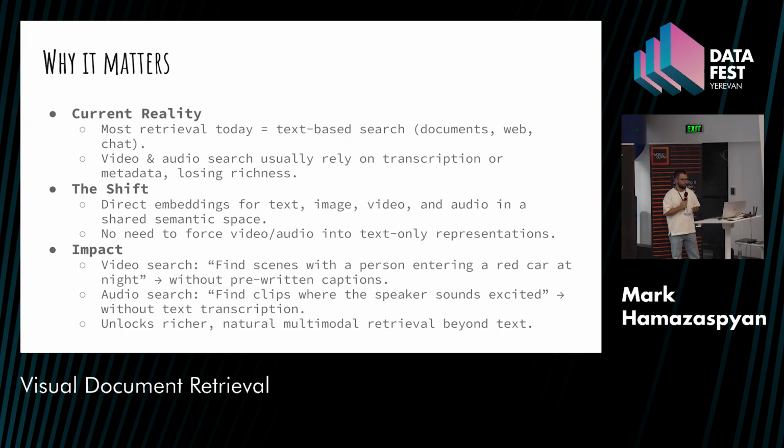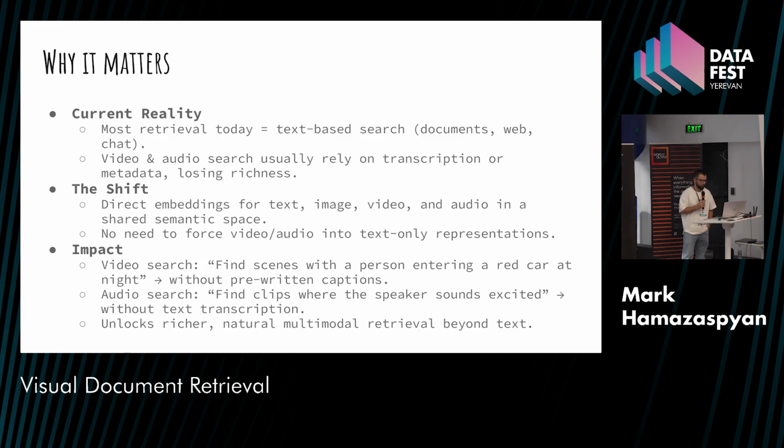Let's say why it really matters. First of all, the current reality is that most retrieval is done with text-based methods. If we have video and audio, we usually have captions and transcriptions of the video and audio, and then we search with just text-based models. Here we can have one embedding model that gives text, image, video, audio embeddings in a shared semantic space, and we don't need additional processing for videos and audios before doing any search.